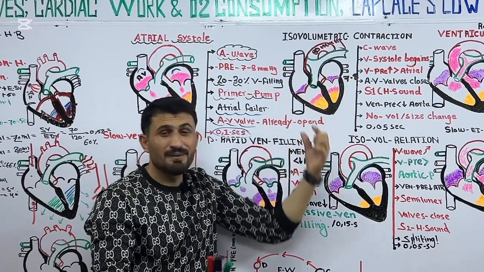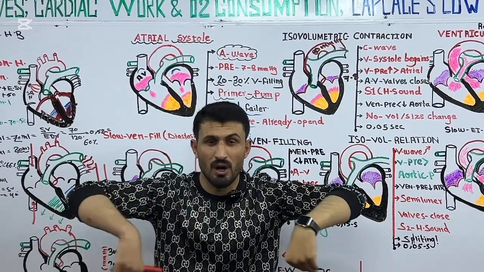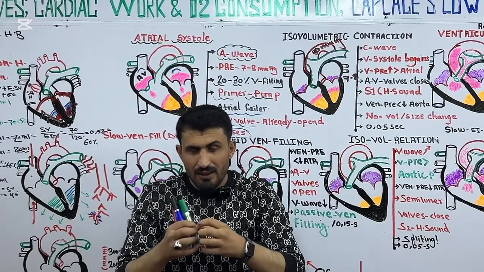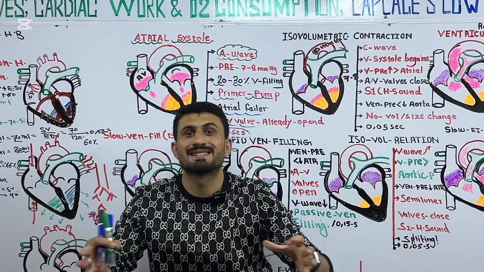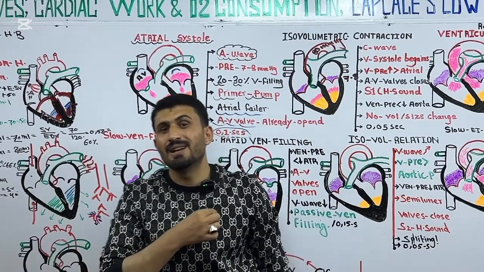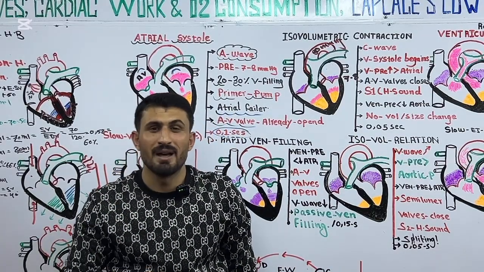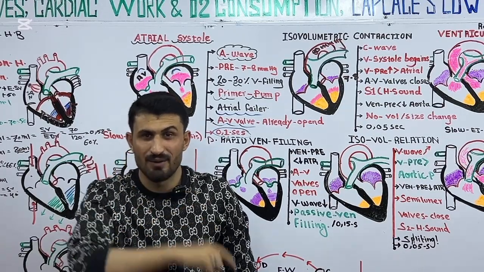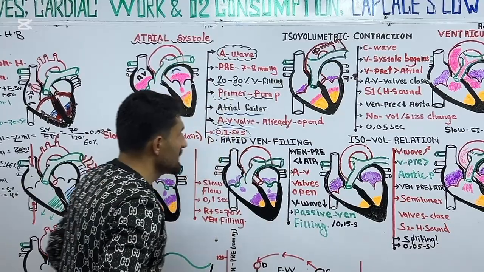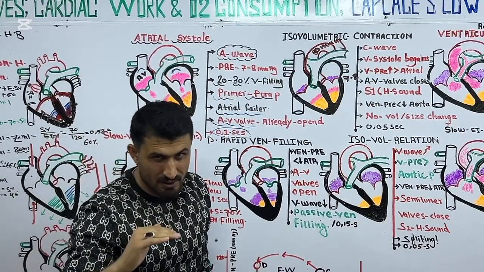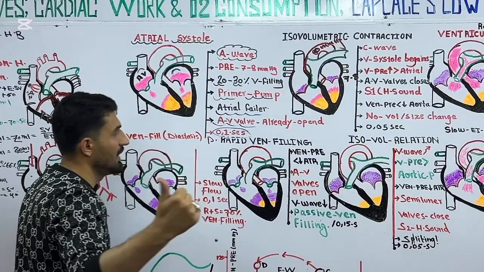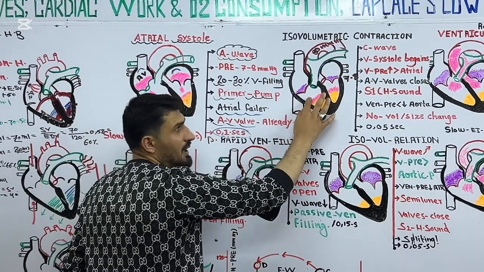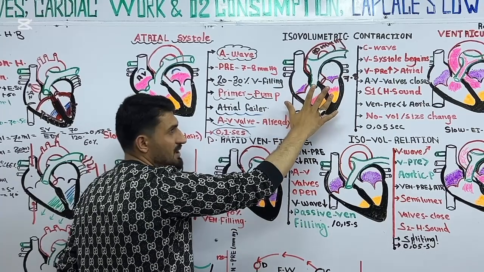So due to closing of these two valves, a wave will be produced, and this wave causes production of sound, which we can hear by stethoscope, and this sound is called first heart sound. This is called the first heart sound, which is softer and a bit longer than the second heart sound that we will talk about. Okay, so I'll tell you the name of this stage, don't worry.